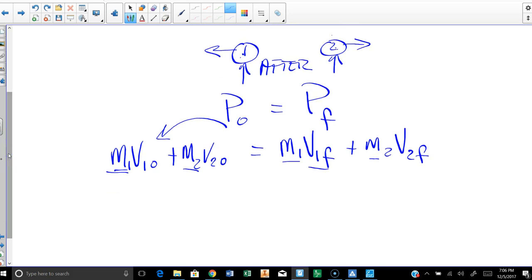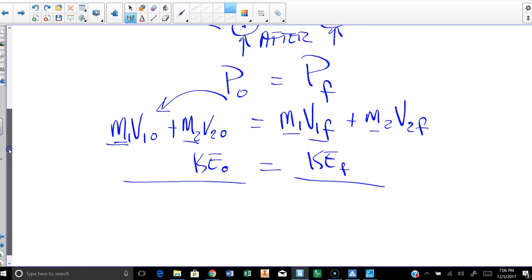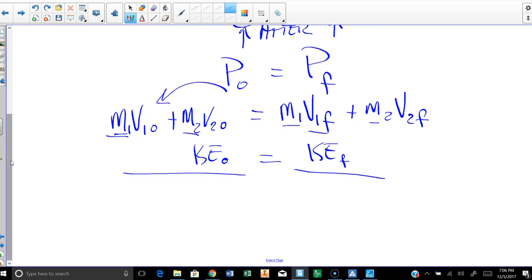Now, as tough as that can make some problems, there is the fact that in elastic collisions, only in elastic collisions, you could also say that the total kinetic energy at the beginning and the total kinetic energy at the end are also the same. You can't do this if they stick together, because energy is lost to heat.